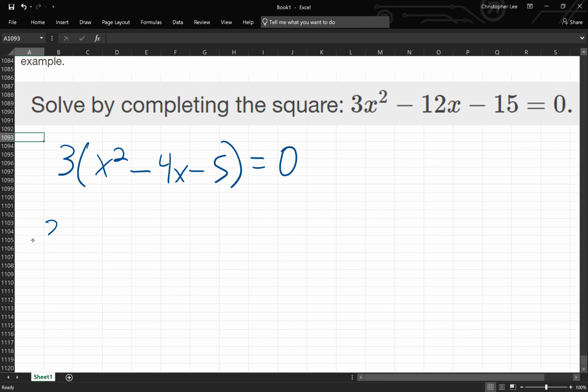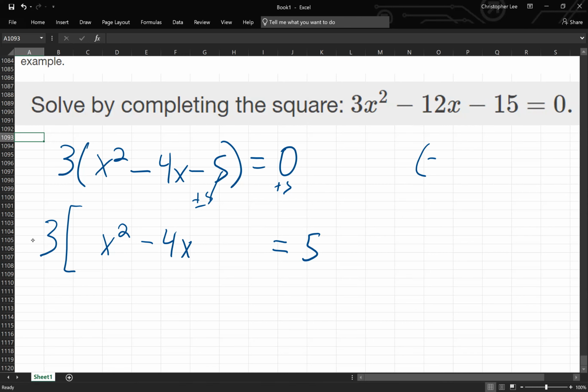I'm just going to put a bracket around the 3 out here. And that's going to leave back what? X squared minus 4x is equal to, I'm going to add 5 over here, equal to 5, right?